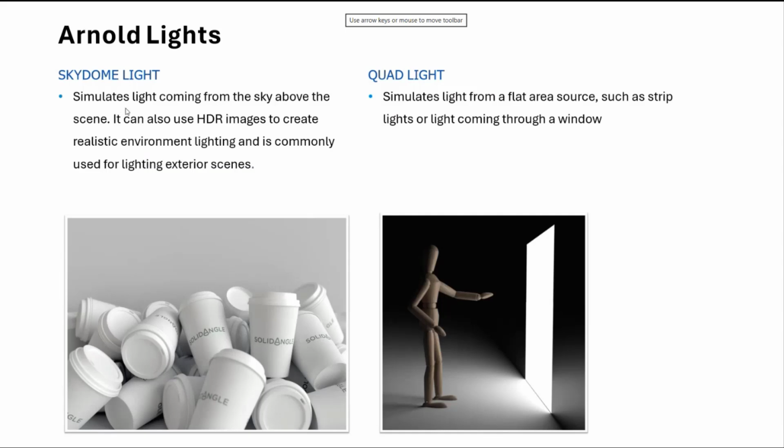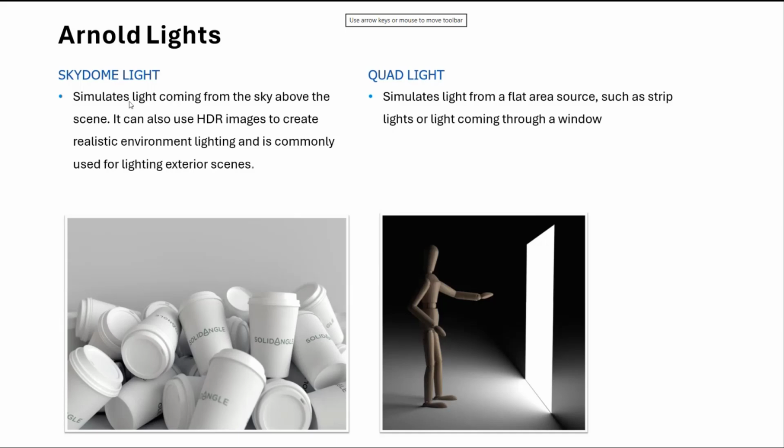For example, this is the sky dome. What is the sky dome? Sky dome simulates light coming from the sky. Previously we knew about IBL, image based lighting, or you could say photorealistic lighting. Now in Arnold, we call it sky dome lighting. This sky dome lighting is like the central environment lighting.